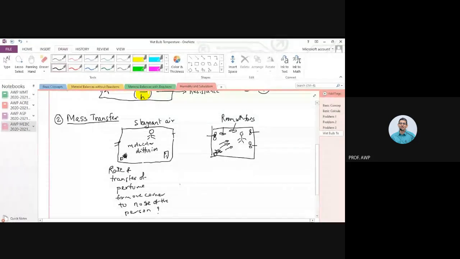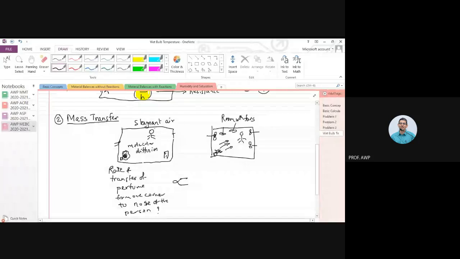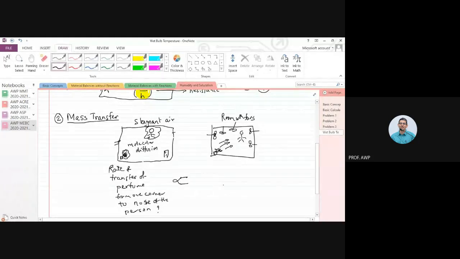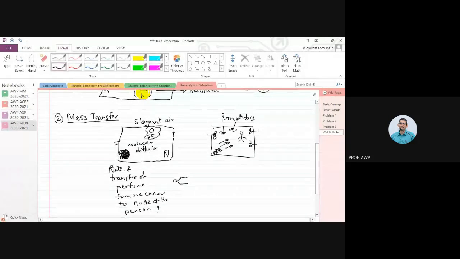Will it be proportional to concentration of perfume here minus concentration of perfume here? If I spray more, locally I have a high concentration of perfume. If I spray less quantity of perfume, locally I will have less concentration of perfume.